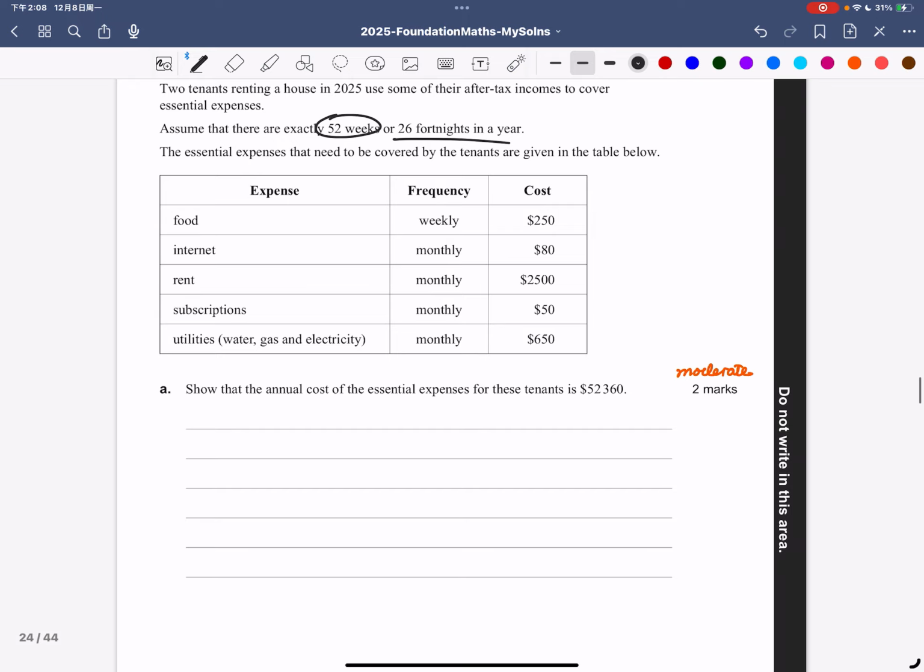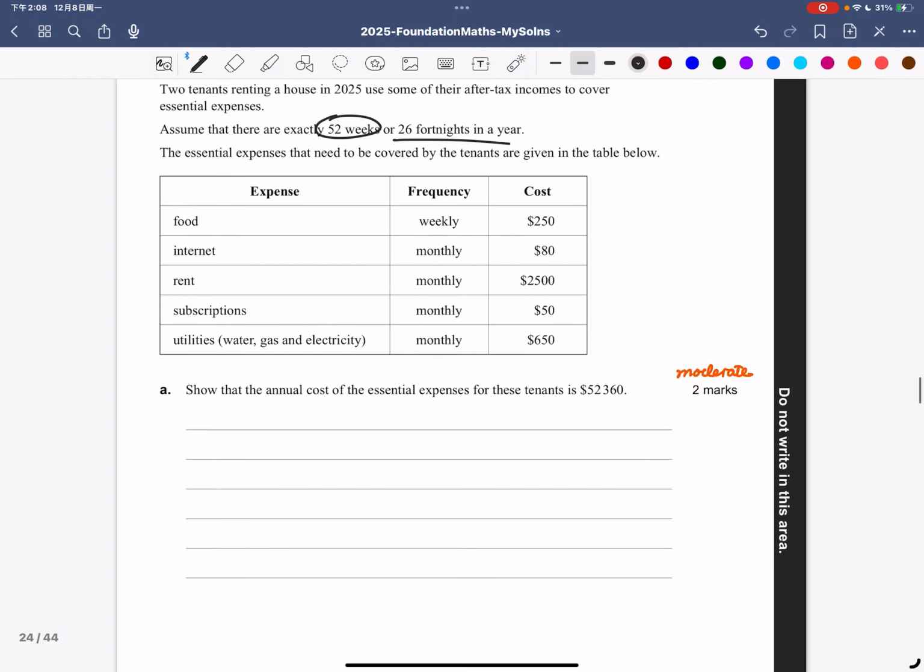Show that the annual cost of the essential expenses for this tenant is this amount. Okay, so if the food is calculated on a weekly basis, we have 250 multiplied by 52 plus internet 80 times 12 months plus 2500 times 12 plus 50 times 12 plus 650 times 12.